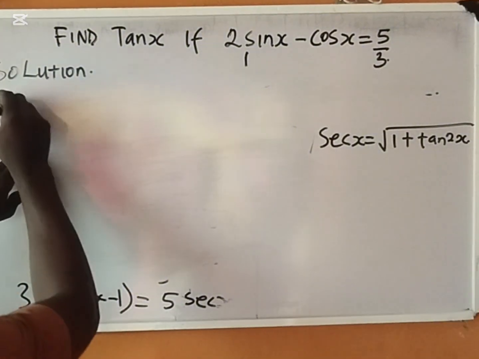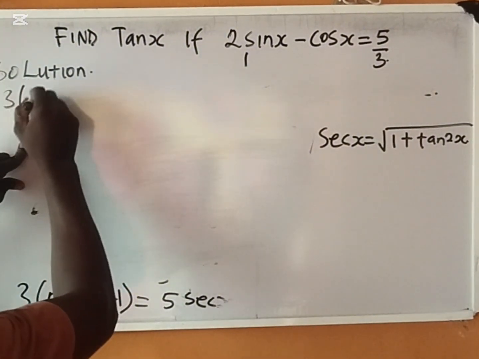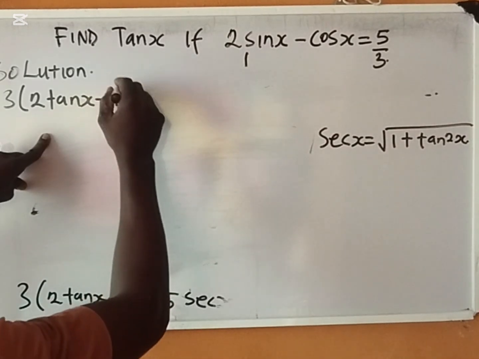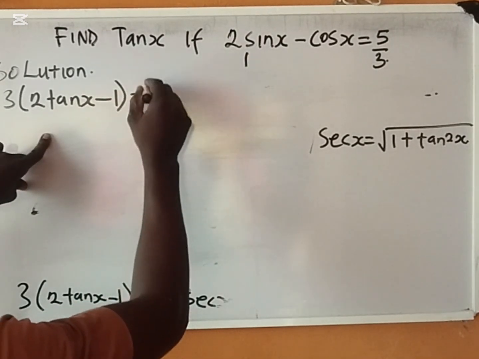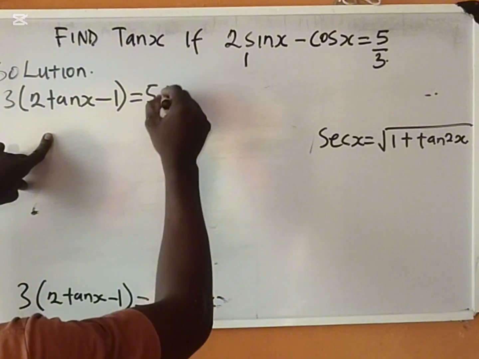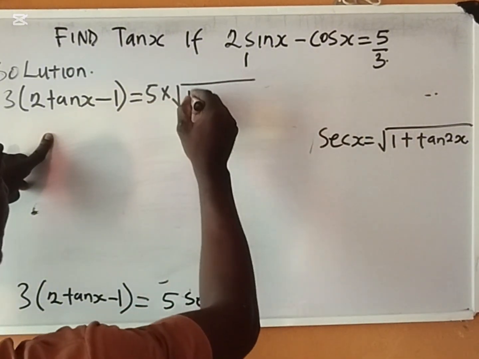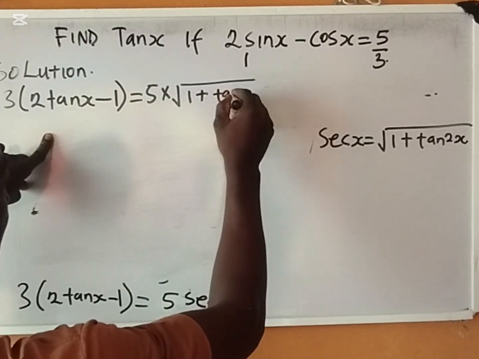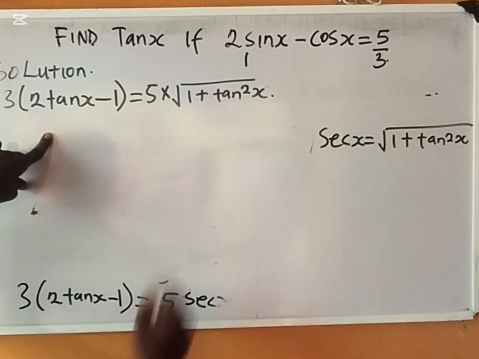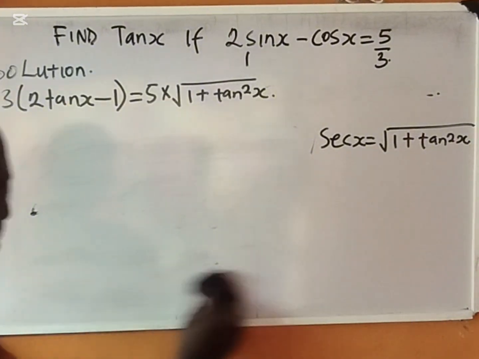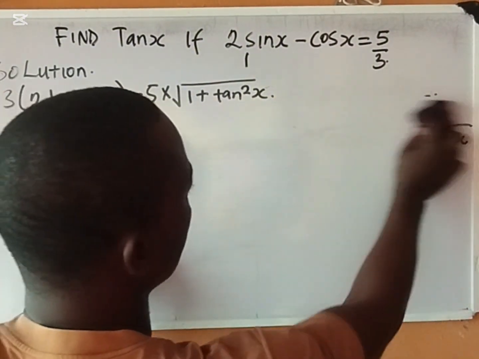I'll have 3 into bracket 2 tan x minus 1. I'll close the bracket. This is equal to 5 times root of this now, 1 plus tan square x. Okay? And let me take off this since I've gotten what I want.